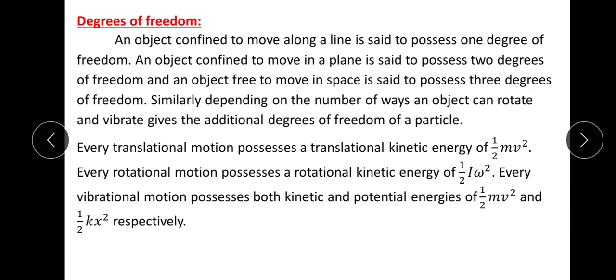Suppose the same particle is free to move in two coordinates, x and y, or x and z, or y and z. Therefore, we say that the particle has 2 degrees of freedom. If that molecule is free to move in all possible directions, x, y, z, in space, then we say that the particle has 3 degrees of freedom.